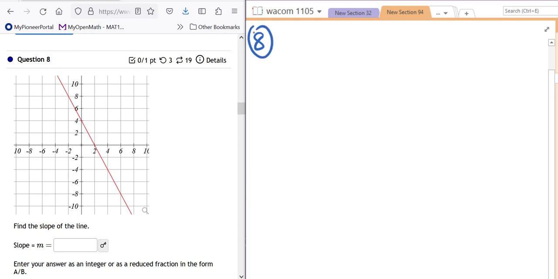So I am going to pick 2 points clearly that hit at the corners. I see 4, so 0, 4. And I'm going to use 2, 0. All right, so if I start at the 4, you should do vertical change first.